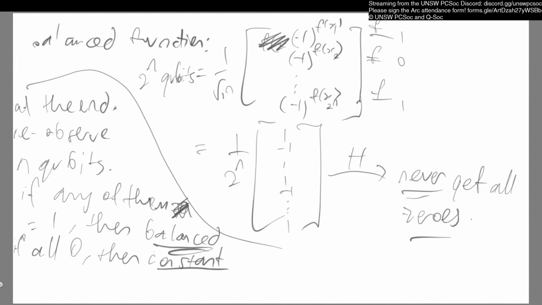I want you to go back a little bit and notice how initially we had the ancilla qubit tagging along, and it turns out that it remains unchanged. This is another example of phase kickback.